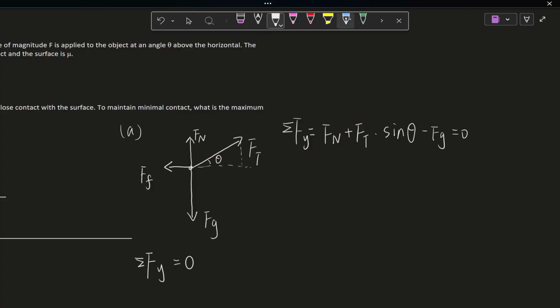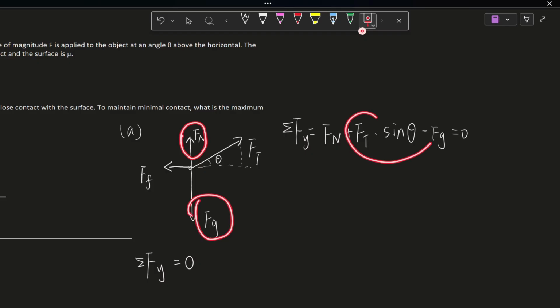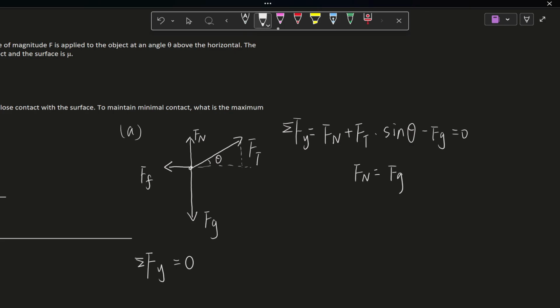So now it can explain why on the free body diagram Fn is smaller than Fg, since Ft times sine theta is also in the vertical direction, which means this part of the vector plus Fn is equal to Fg. So Fn must be smaller than Fg in this scenario. So now we can find Fn. Fn is simply equal to Fg minus Ft times sine theta.